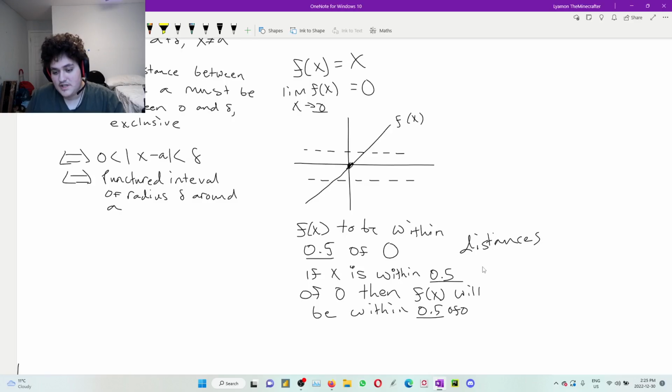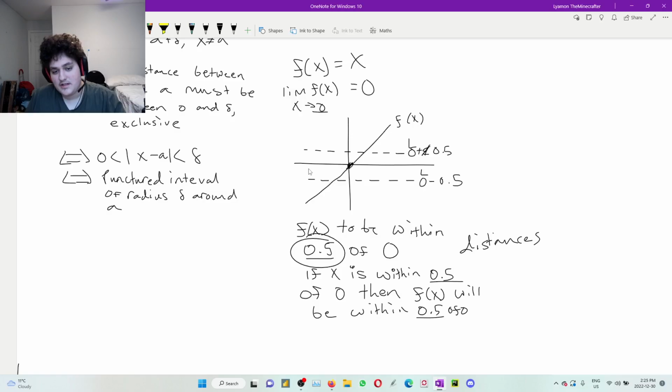So they can be negative or positive, right? So this is going to be like 0 plus epsilon, or in this case our epsilon is 0.5. So I'm just going to write 0.5, and this is minus 0.5, right? And this is basically our limit, let's say, right?